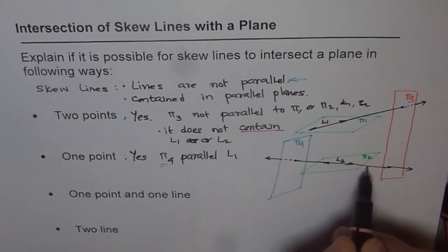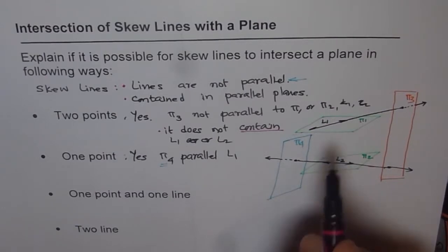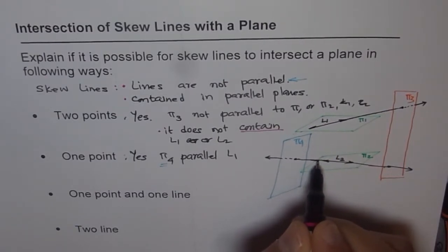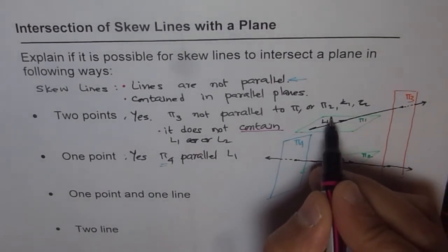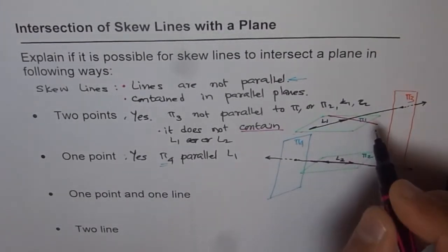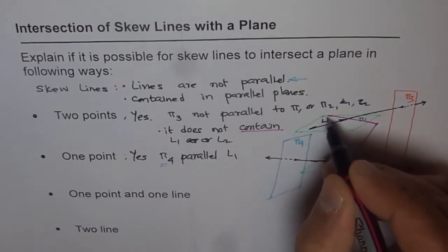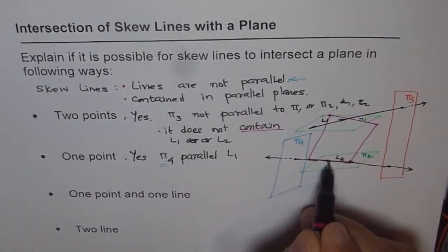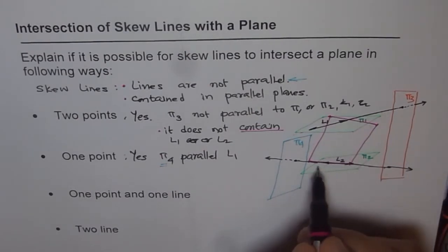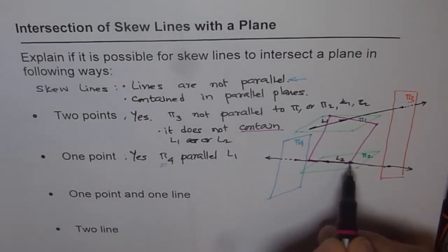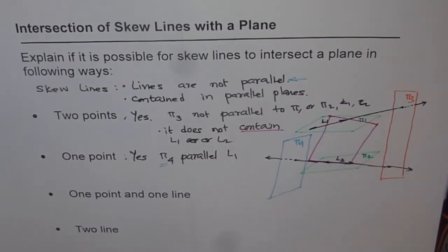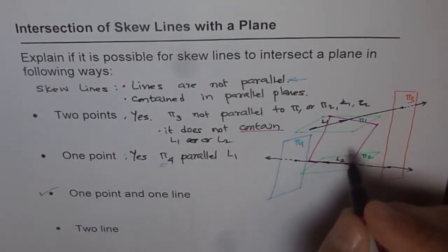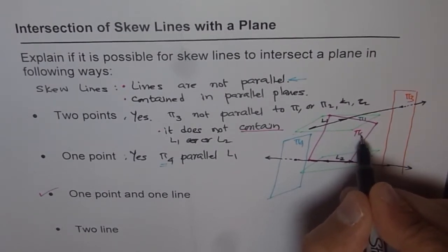Let me use a different ink here. So this line is common to my plane, and this is a portion of my plane. If I have a plane going like this, where this line is common, then it intersects along the line, which is line L2, and the other line goes through it at a point, right? So this is also possible, which I have shown with plane 5.